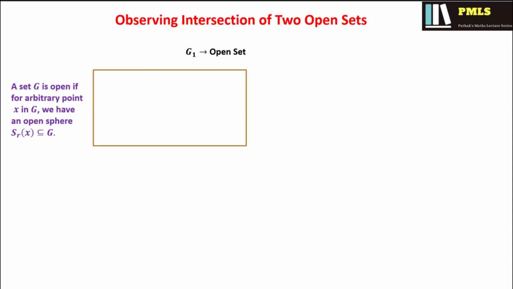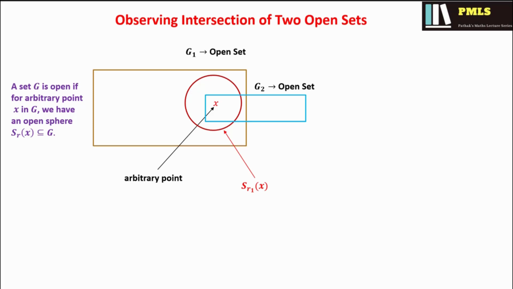So here G1 is an open set, and we take a point X which is an arbitrary point in G1. Then by the definition we will have an open sphere SR1X which will be a subset of G1. Now suppose that this X also belongs to another open set G2.